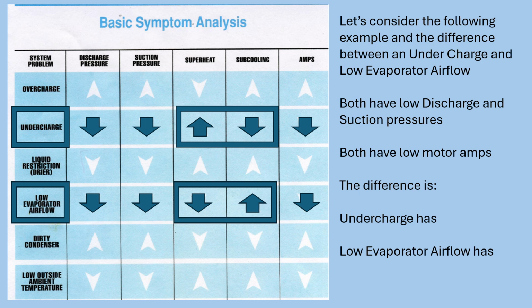Low evaporator airflow has low superheat and high subcooling, which is the opposite. We don't have enough airflow going across the coil with the amount of heat needed to boil the refrigerant off fully. So where is the refrigerant? It shows in the high subcooling because it's backing up in the condenser. And that's the importance of setting your airflow and knowing your airflow is correct, because an undercharge and low evaporator airflow is a slight difference, and that's it.